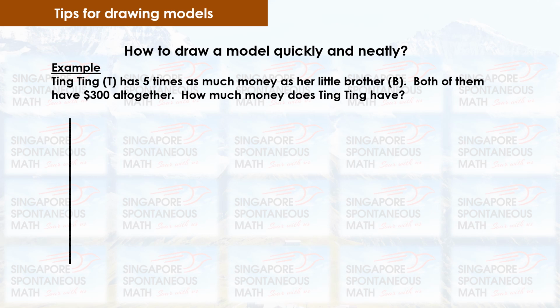First, draw a straight vertical line with your ruler or stencil. This line will help you to draw your model more quickly and neatly.